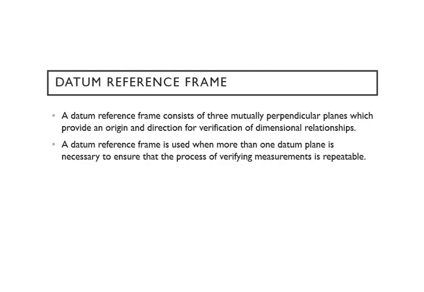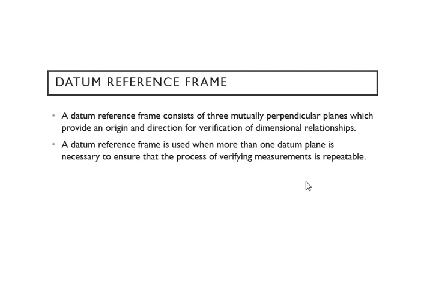Now we get into the reference frame. So how are we going to put the datum reference frame all together? You have about three perpendicular planes, and that's going to give you your origin and also direction to verify your dimension relationships.